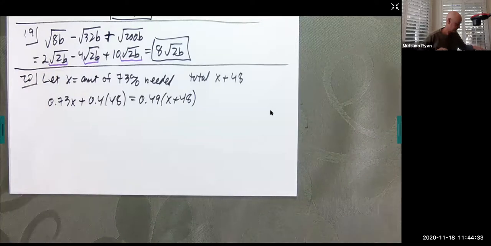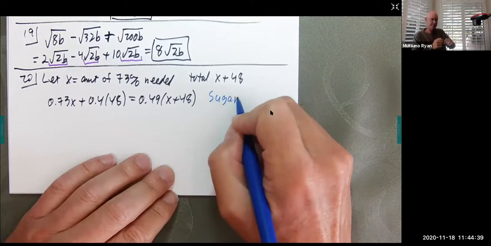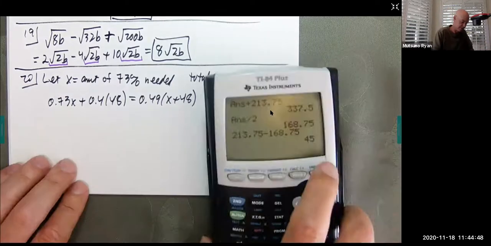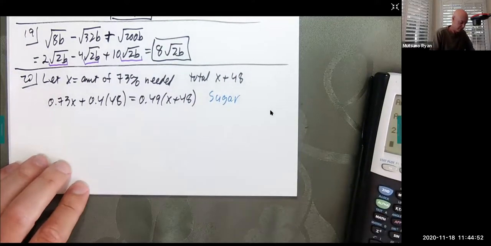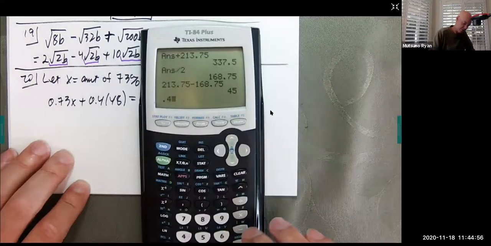So this line just represents sugar. You could multiply through by 100 to knock out the decimals. I'm going to leave them in. I don't see a reason not to. So the first one I'm going to have to do is 0.4 times 48.